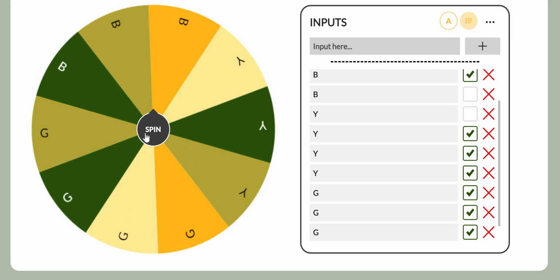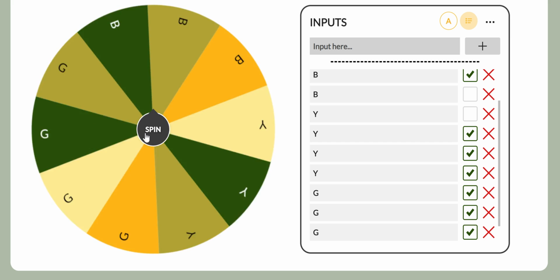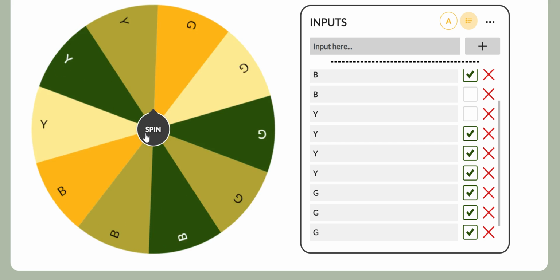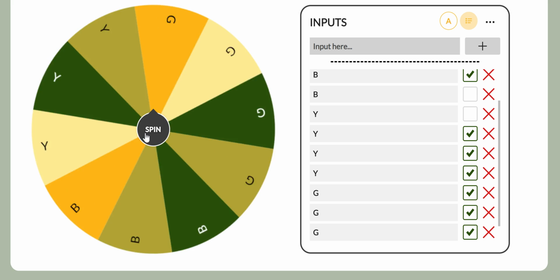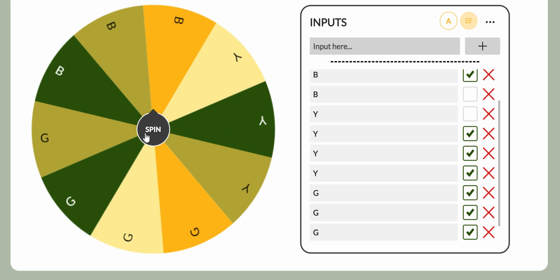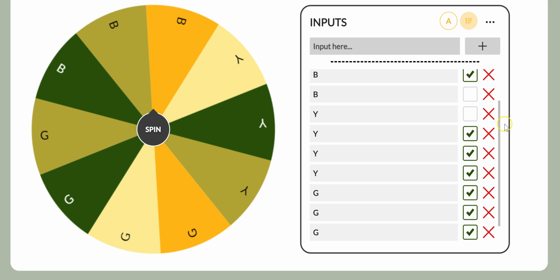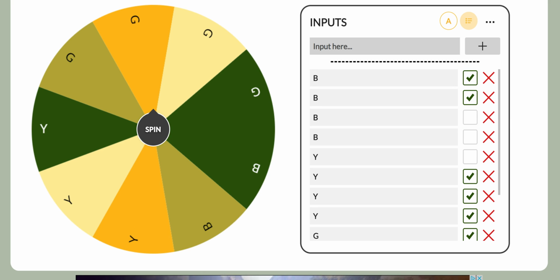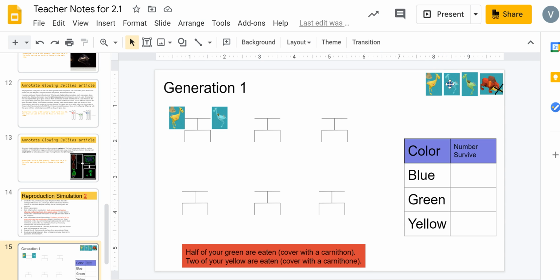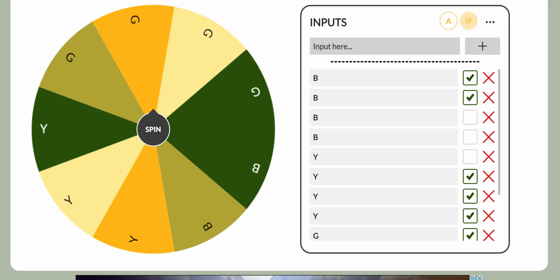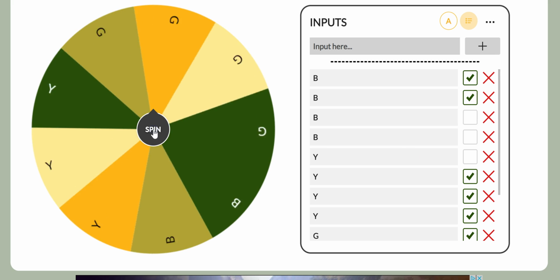So we're going to click again. I got blue again. Remember, remove the individual. I'm going to come over to my next tree. My next mating is going to be a blue, and we're going to see what's next. Blue and a what?